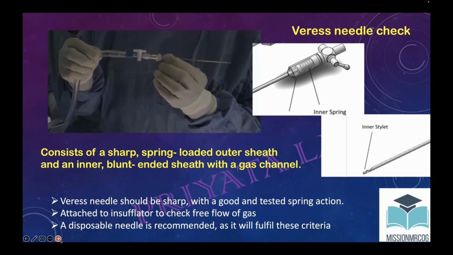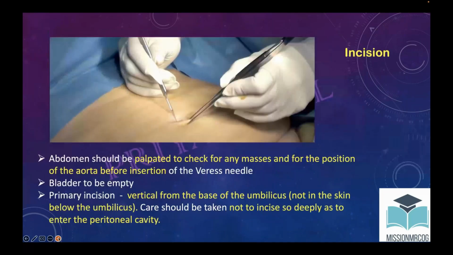Then the next part, you have to start with the incision. Now, safety before incision: we have to make sure that there are no palpable intra-abdominal masses, and also check the position of the aorta before insertion. This is from your Green-top guideline, and they would expect this.